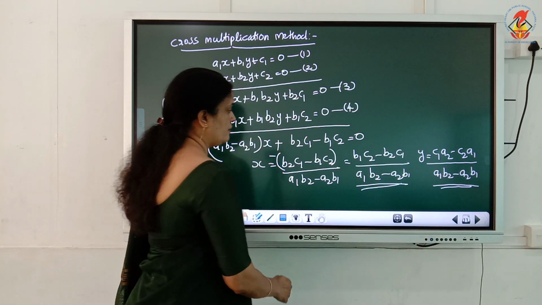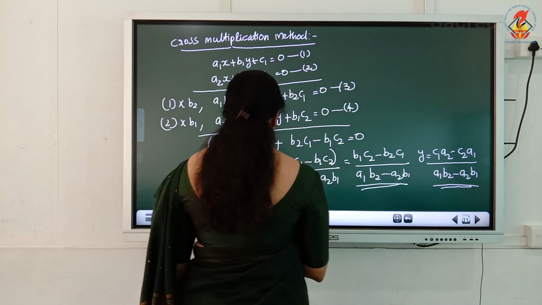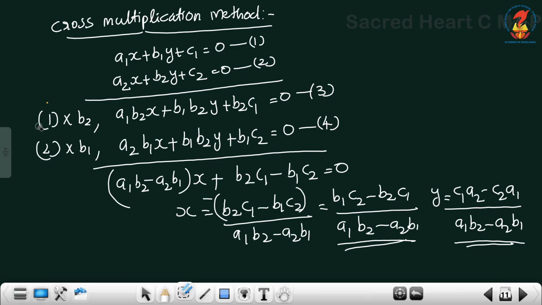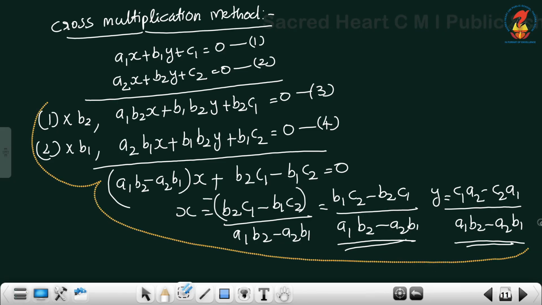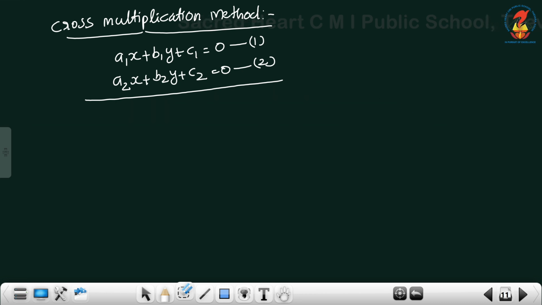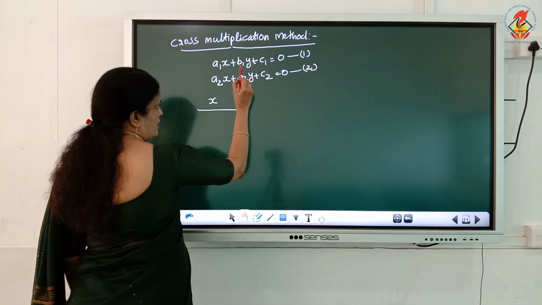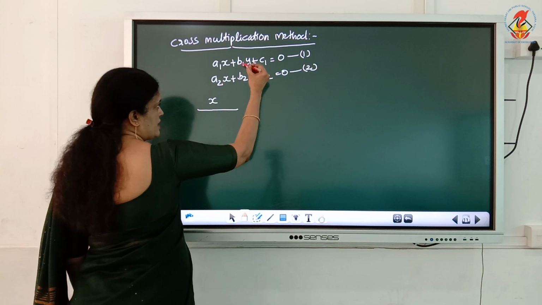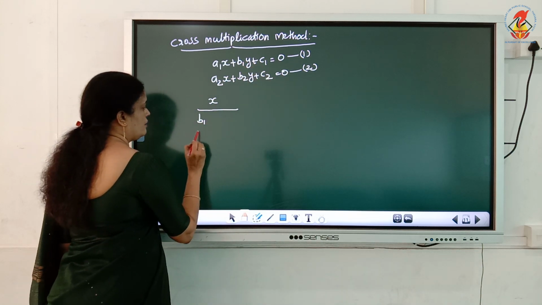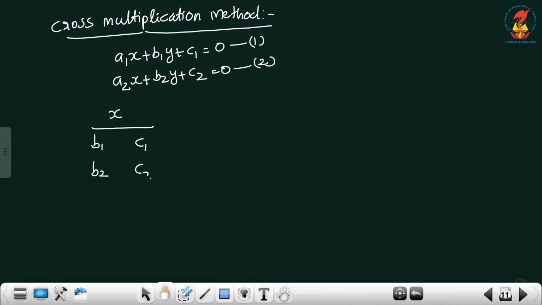This is an easy method to find out the values of x and y. x divided by, let's cover the x variable, then b1, b2, c1, c2, the coefficients of y and the constant terms, written in the same order.